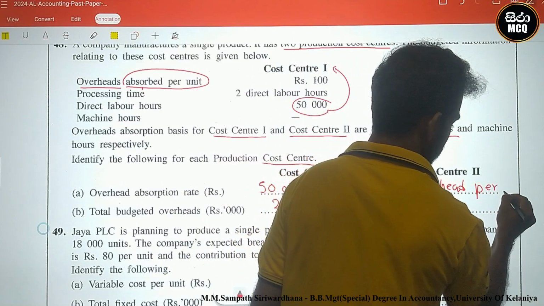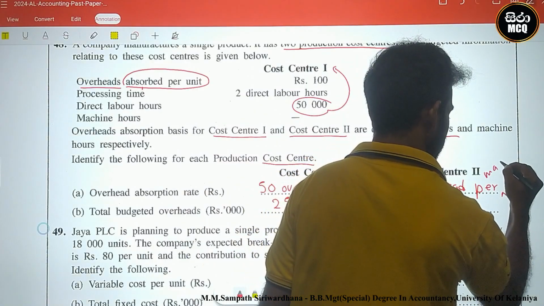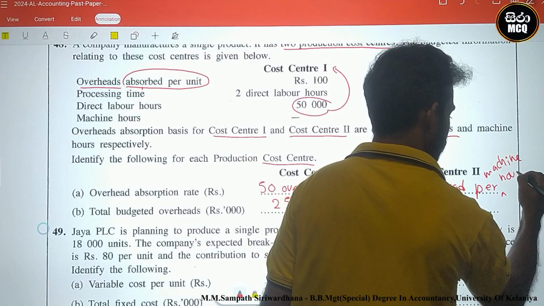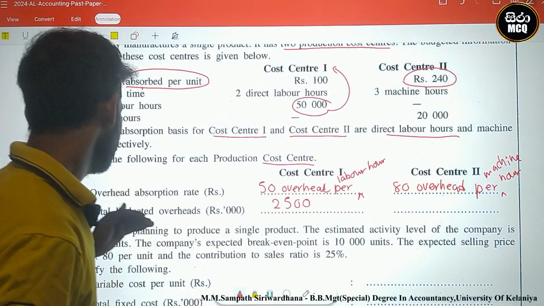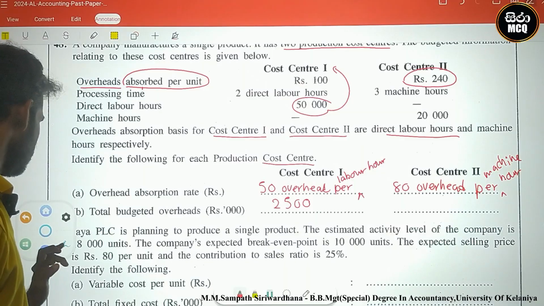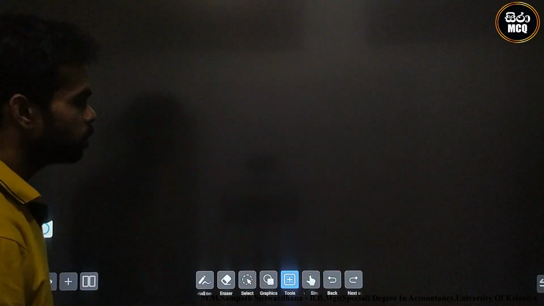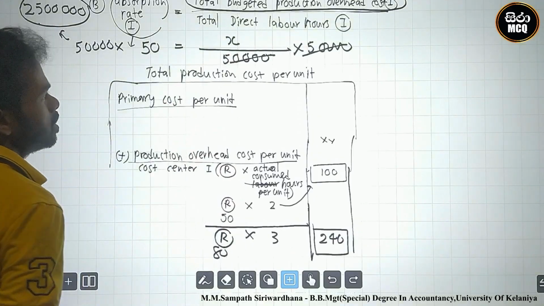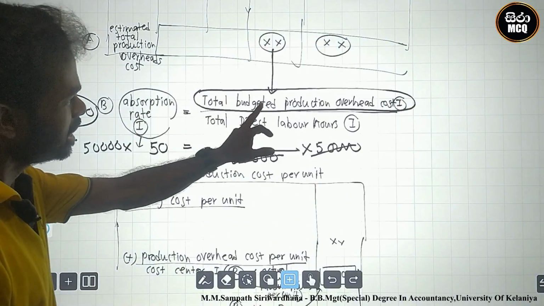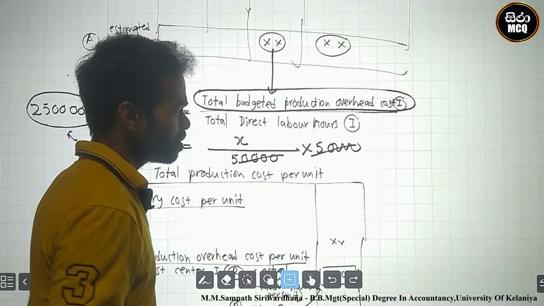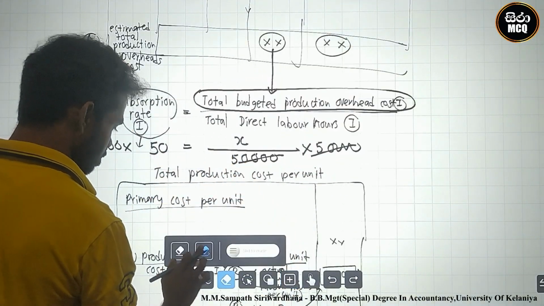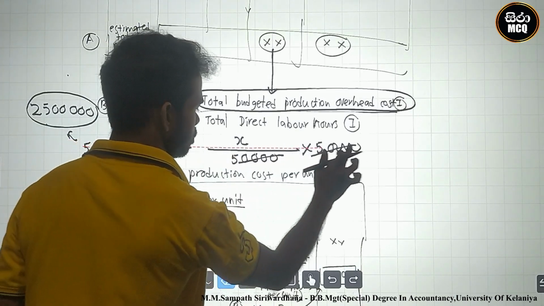Next one, total budgeted overhead, we can identify using this one. Total budgeted production overhead is there. I use this and eliminate this one.